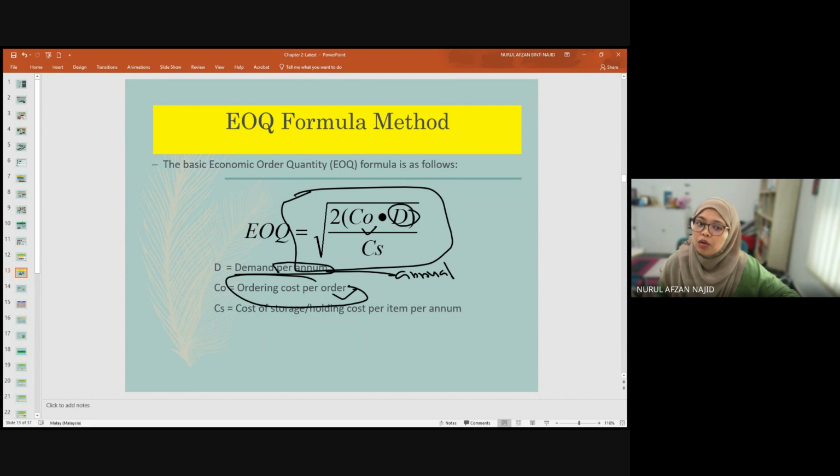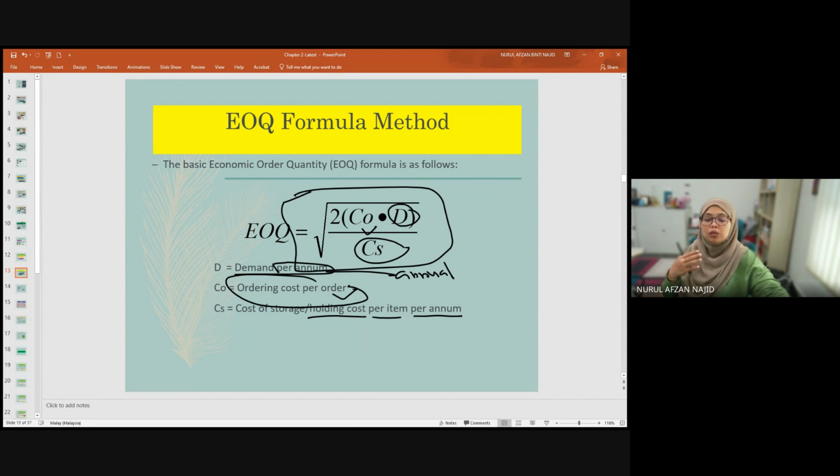So you need to convert all the amount tu ke dalam bentuk annually. You tak boleh guna monthly, daily ataupun weekly. So tengok soalan tu betul-betul. Nanti kita akan tengok contoh. Then kita divide by CS. CS would be the cost of storage ataupun holding cost per item per annum. So yang ni pun you kena aware juga. Bear in mind, tengok betul-betul soalan tu.